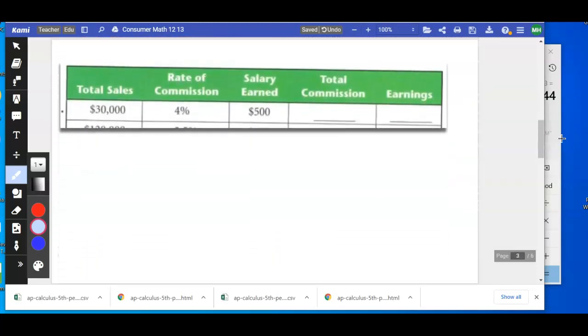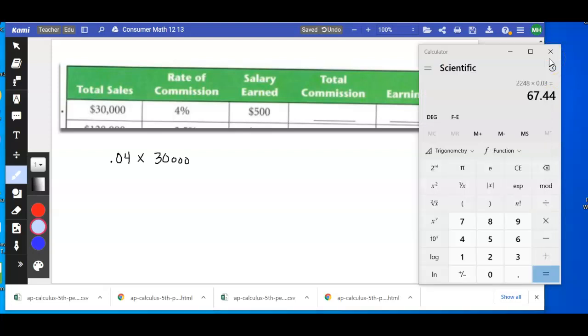Here's another example. What you'll need to do on this problem is take your rate of commission times your sales, so it would be 0.04 times 30,000. That's going to give you the total commission. I'll pull my calculator back up here. Clear.